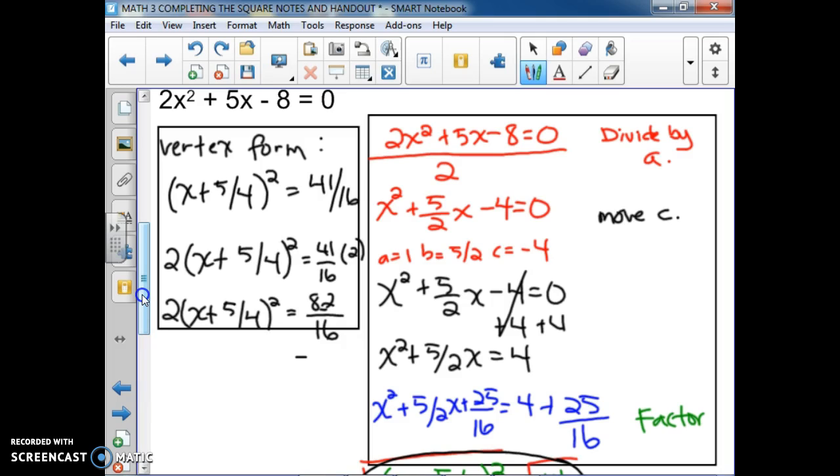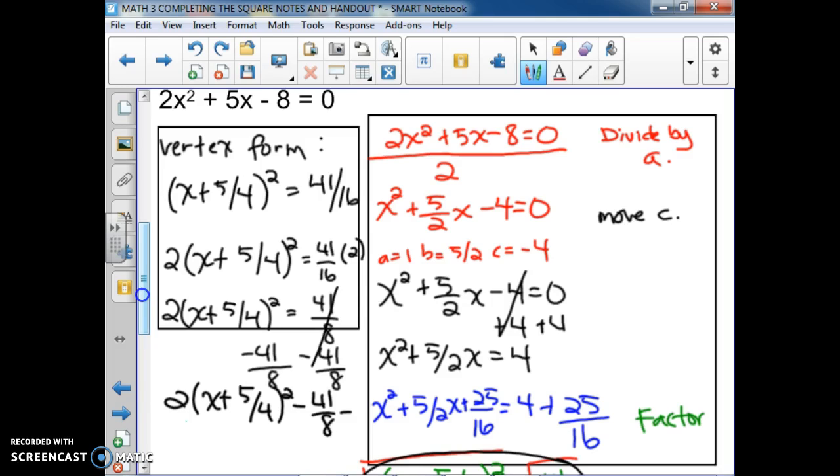Let's simplify that. 82 over 16 would be, sorry, 41 over 8. I'm going to subtract that from both sides, and now I have 2 times x plus 5 over 4 squared minus 41 over 8 equals 0.